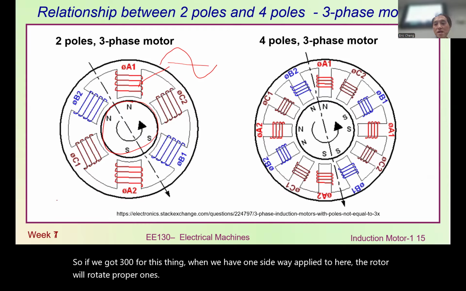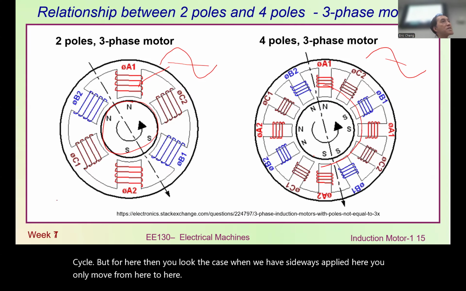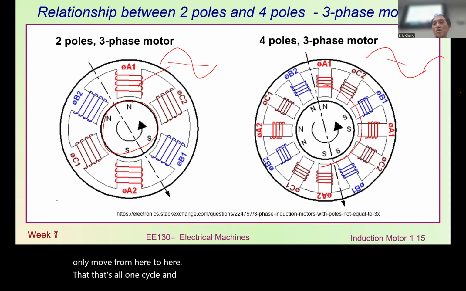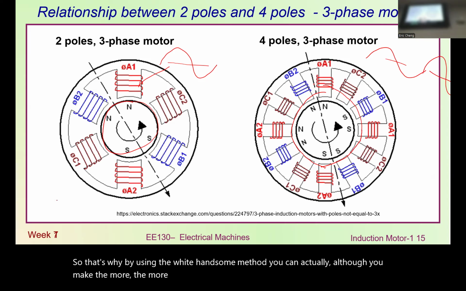But for here, it's not the case. When we have one cycle applied to here, you only move from here to here. That's all, one cycle. And then for the next cycle, you move from here to here. So each time, the rotation only moves between two poles. So that's why by using the winding split method, although you make the motor more symmetrical, smoother, more stable, the motor will move slower, at 50% of the speed.